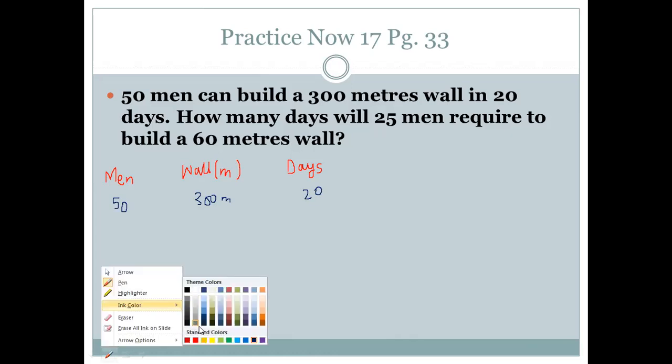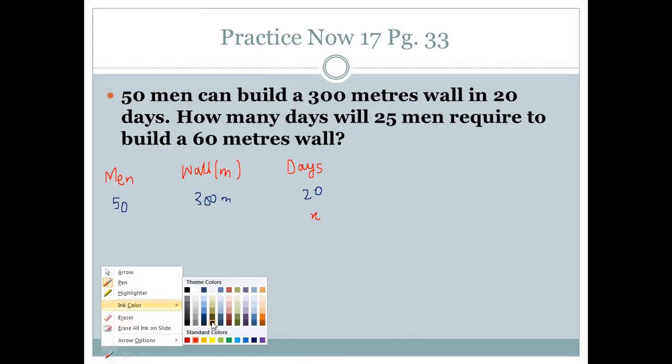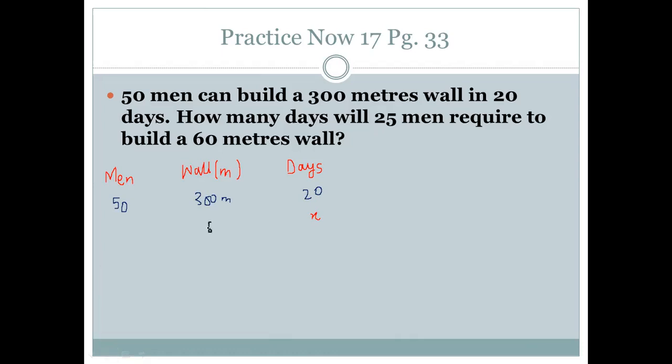So it would be represented by X, and 16-meter wall by 25 men. Now, if you see days, this is the unknown, and it is again on the most right column.